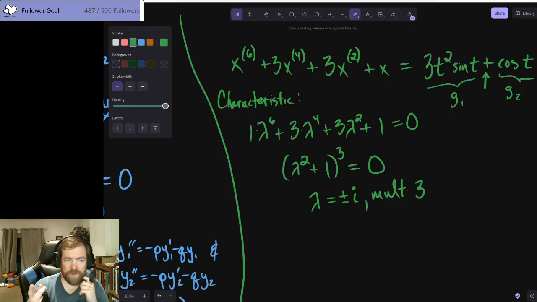So those are our 6 solutions, right? A positive i and a negative i, each with a multiplicity of 3.